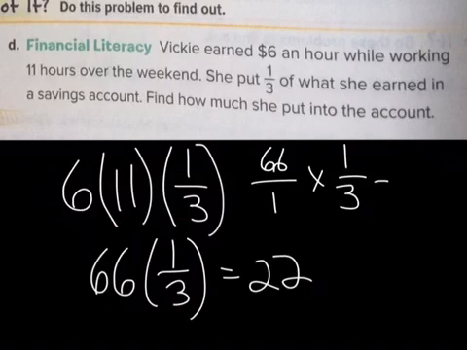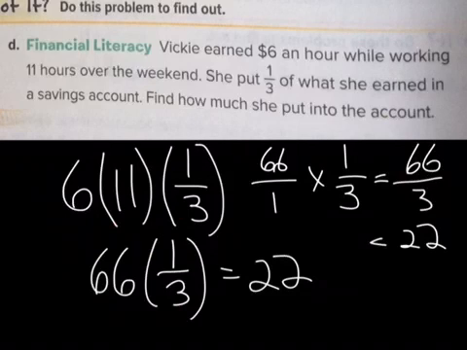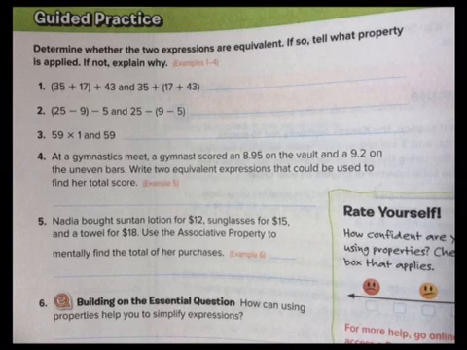And when you multiply straight through, you're going to have 66 over 3, because 66 times 1 is 66, and 1 times 3 is 3. And then you have to simplify this and divide. So you're dividing 66 by 3, and you get 22. Therefore, she saved $22.